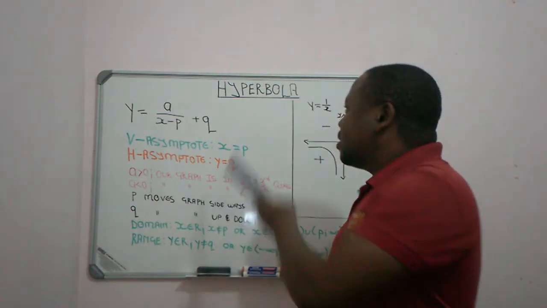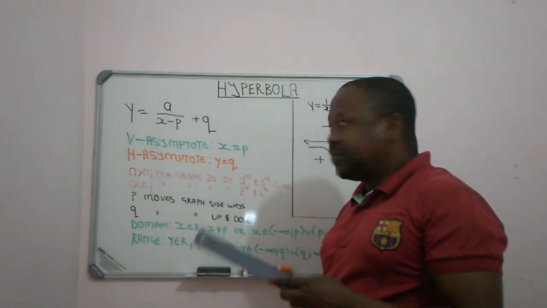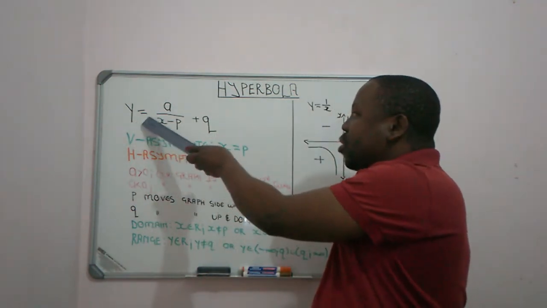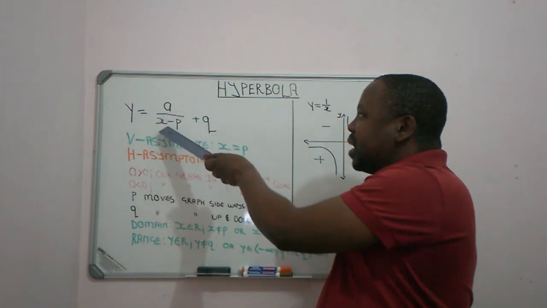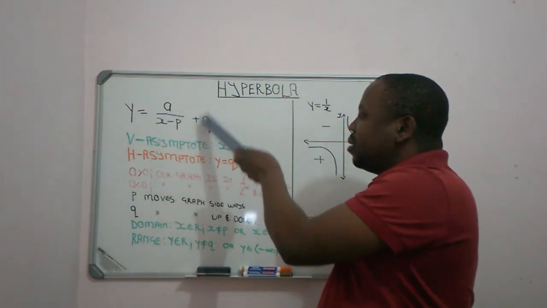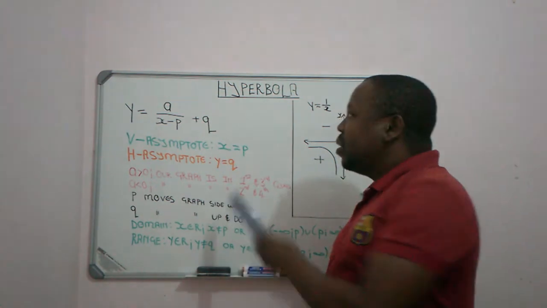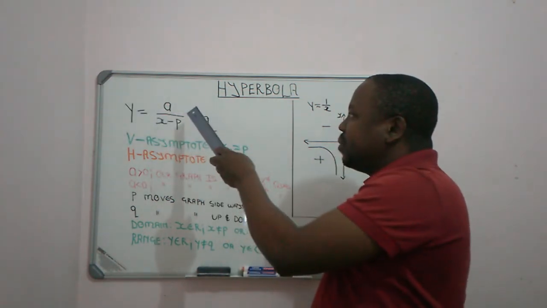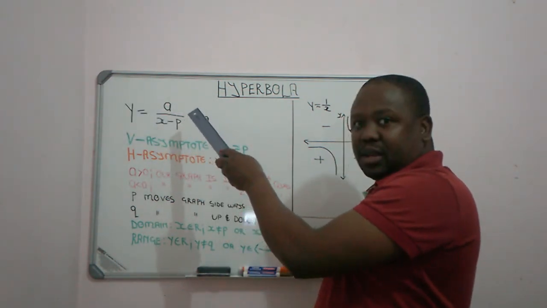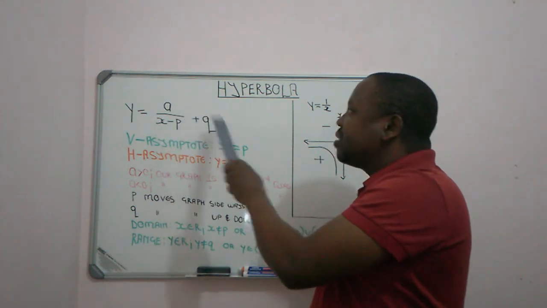Let's start first with the equation for hyperbola. Our equation is y is equal to a over x minus p plus q. In our equation, we can already note some of the stuff.